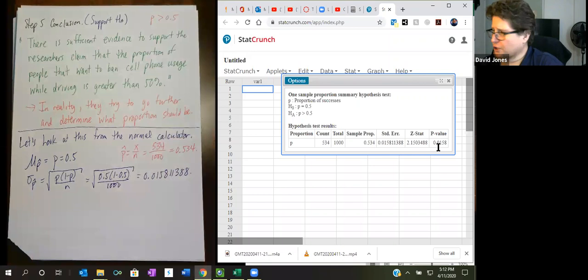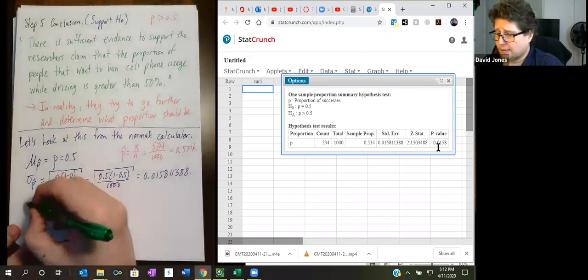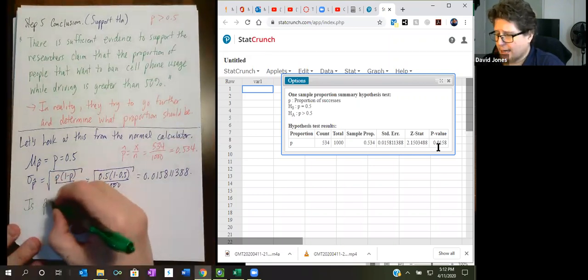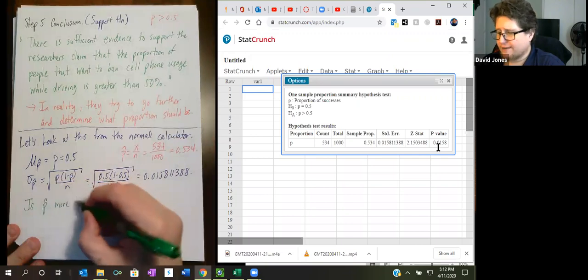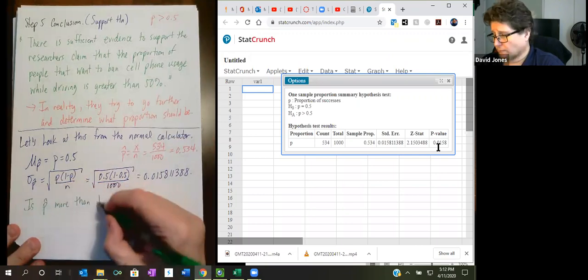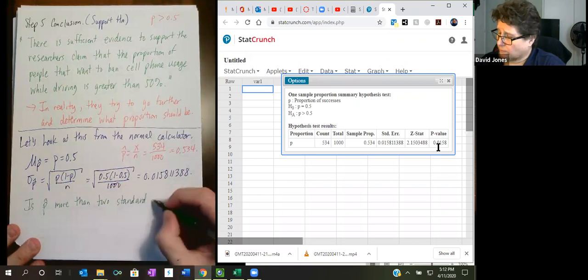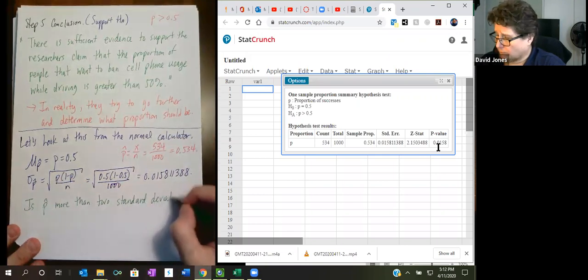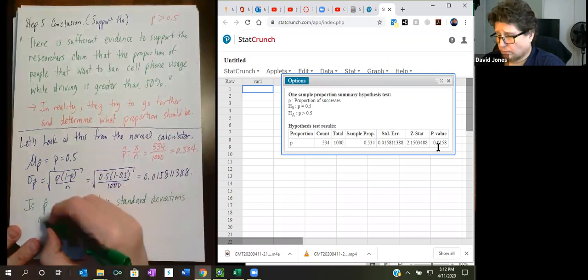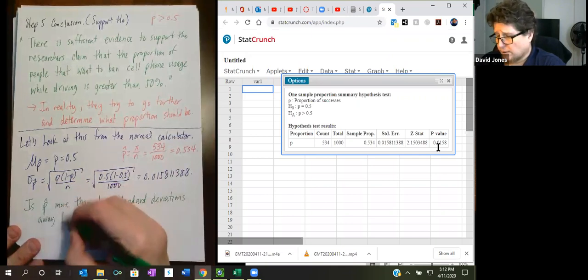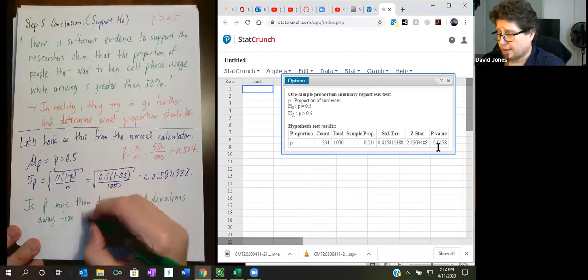What we're trying to show is whether p hat is more than 2 standard deviations away from the given p.